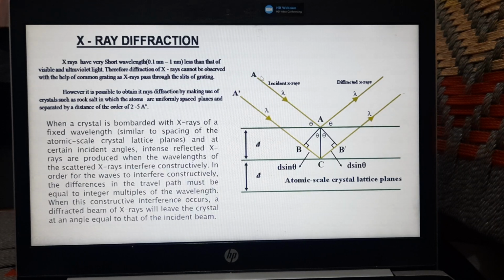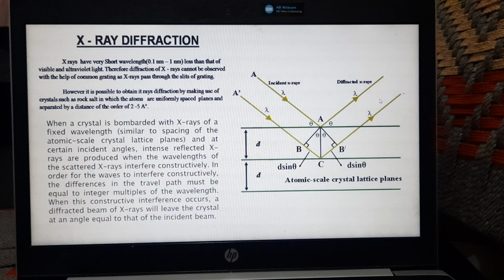So now if you compare the two incident rays with the two diffracted rays, there are two path differences. One path difference is between the incidence of the rays, and one path difference is between the diffracted X-rays.